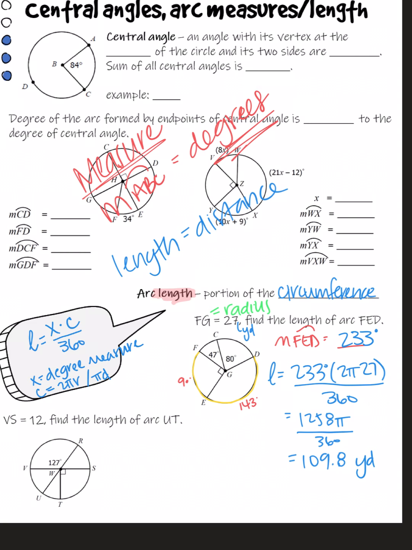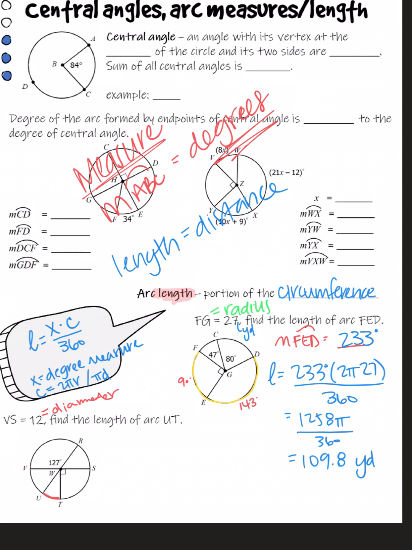All right, in this other example we've got that VS is 12, so this is our diameter. We want to find the length of arc UT. So we are looking for the arc length here, and we have to find the measure first.